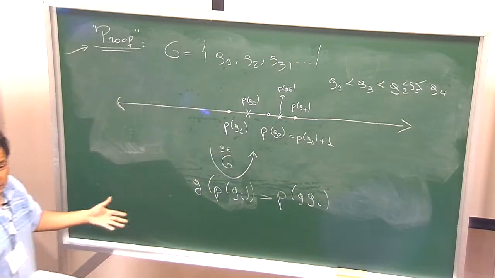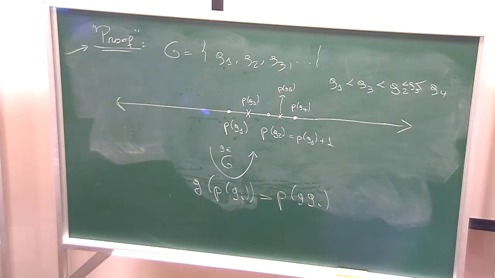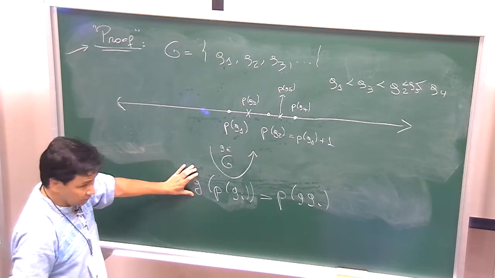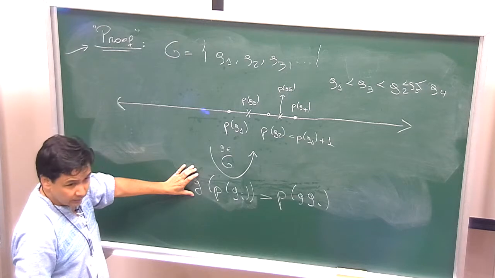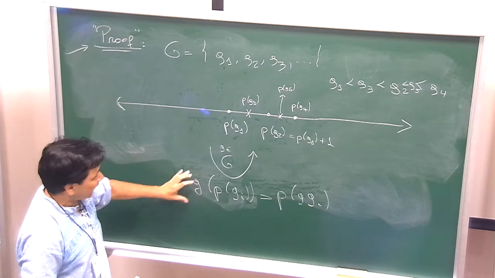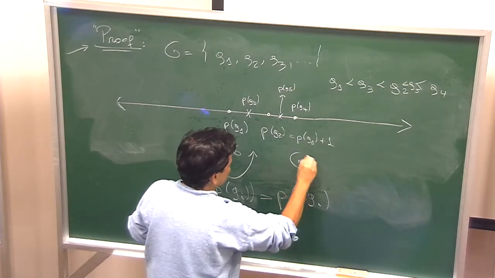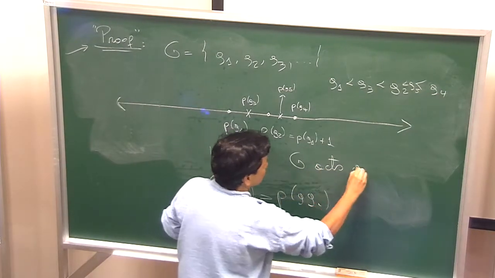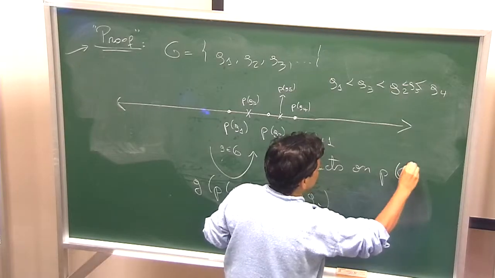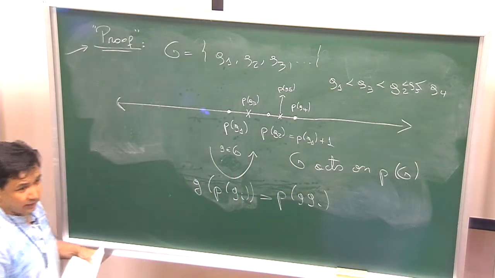This is the Cayley action. Okay, just move under the action of G. Is it okay? So G acts on P of G.